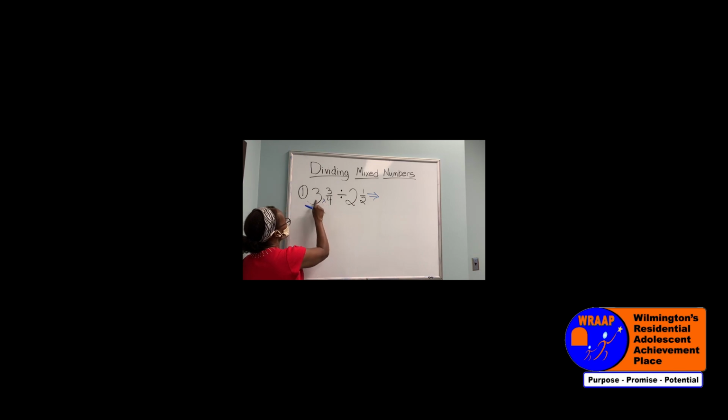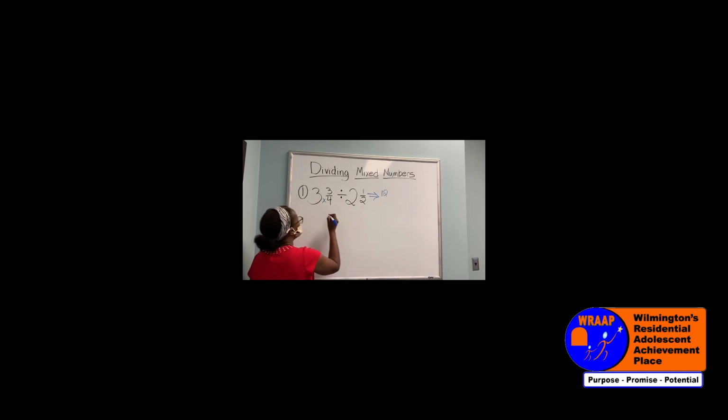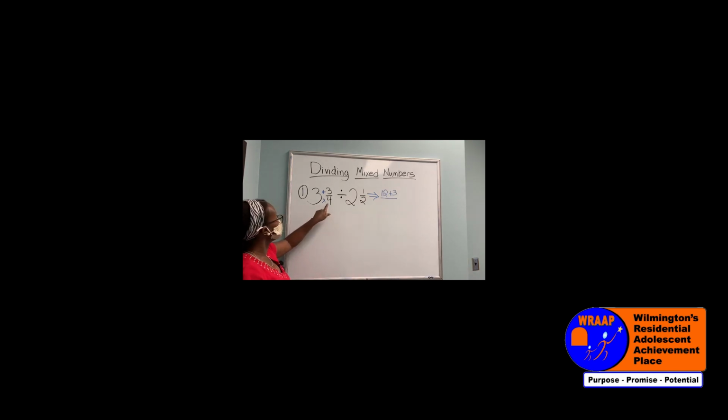So 4 times 3 is 12. Then to that number that you got from multiplying 4 times 3, you're going to add what's left in the numerator. So plus 3. And then all you do is keep the denominator the same here, okay, for this fraction.